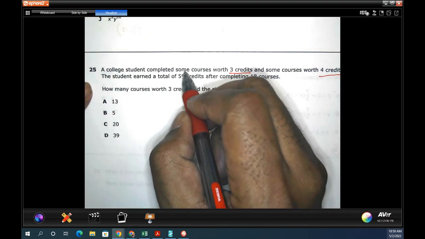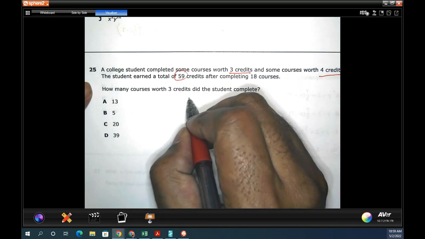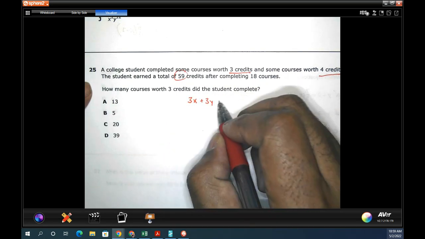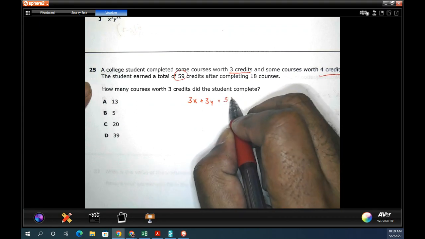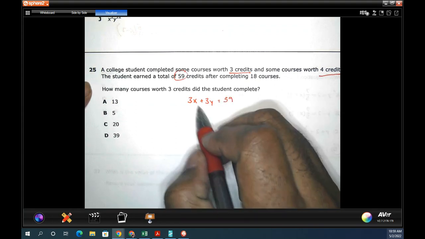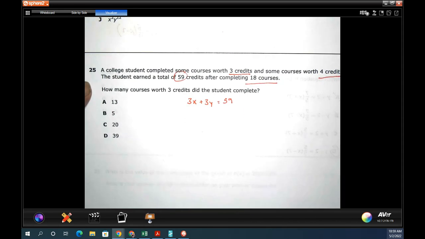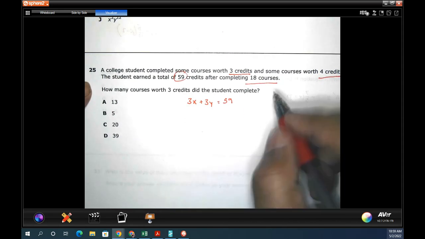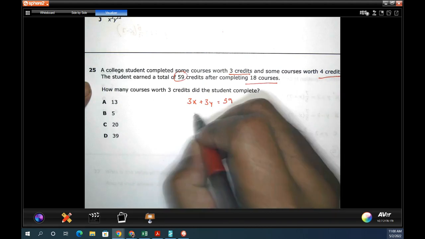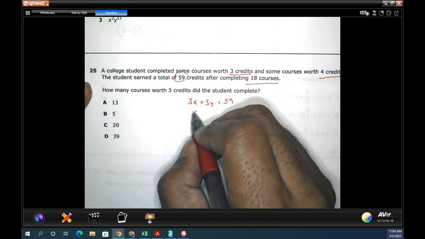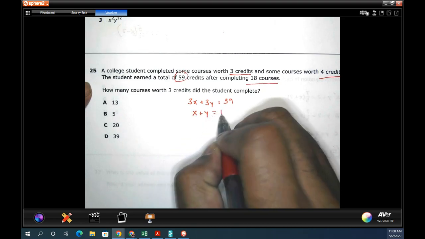Earned a total of 59 credits. So that's 3x plus 4y is equal to 59. Now, x and y are the courses after completing 18 courses. That's a total. This is talking about credits. This is talking about courses. So it's x plus y is equal to 18.